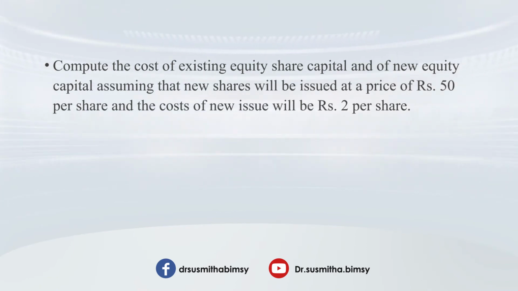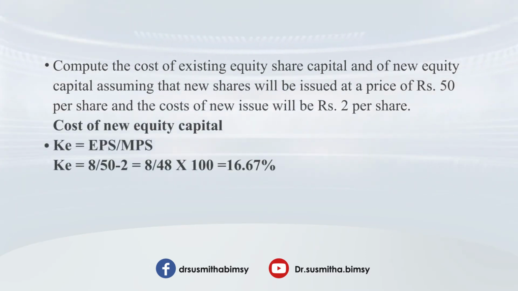There is one more question: compute the cost of new equity share capital, assuming that new shares will be issued at a price of rupees 50 per share and the cost of new issue will be 2 per share. So cost of equity share capital is equal to EPS divided by MPS into 100. EPS is rupees 8, right? MPS has a change.